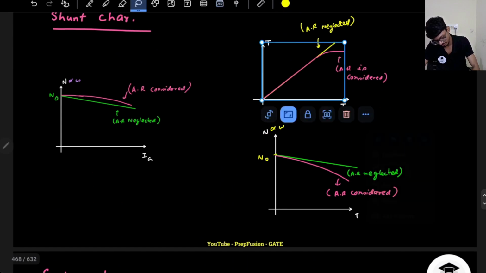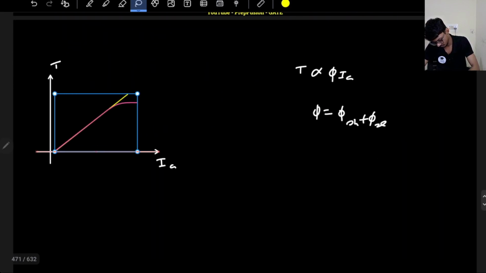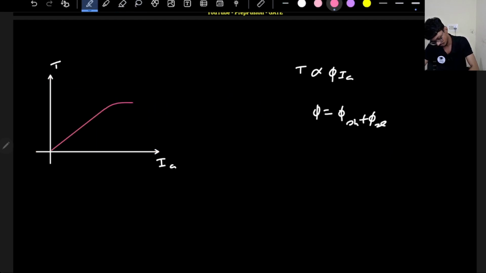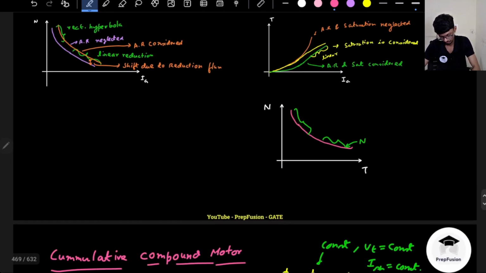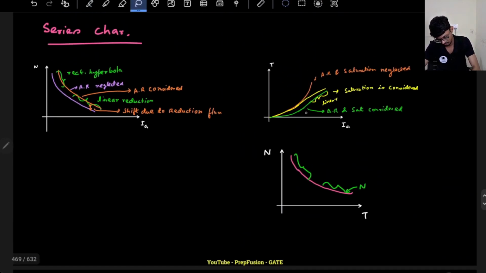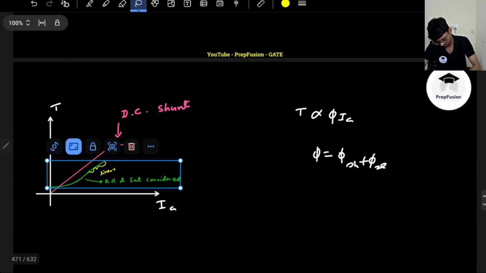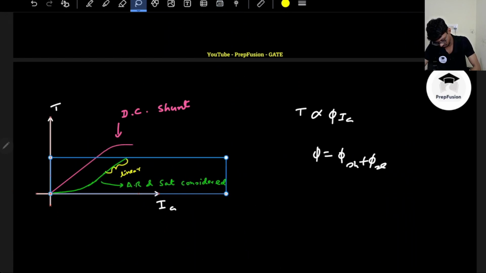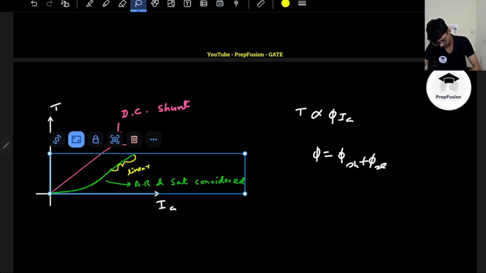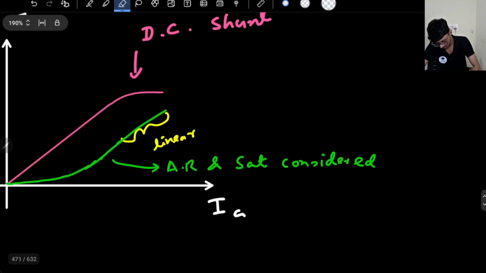So this is the first one, the shunt one, and this is the series one.